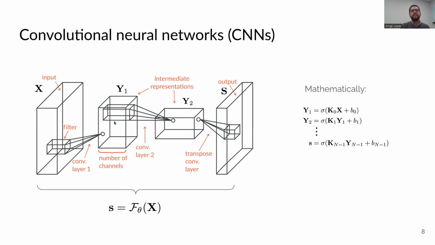Going a little bit more into detail about the CNNs, they're basically a composition of functions where we pass a filter through the input and generate intermediate representations. So y1 and y2 here are the intermediate representations, and finally we get an output S. Mathematically, we're applying a matrix multiplication, given here by K, followed by what is referred to as an element-wise nonlinear activation function.